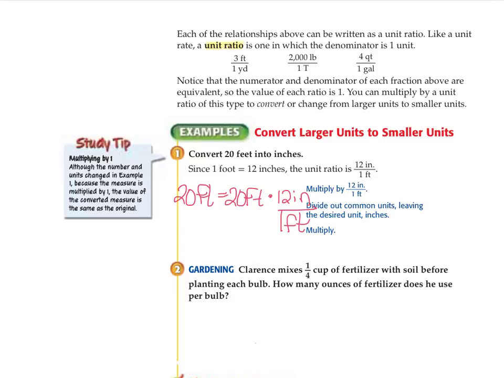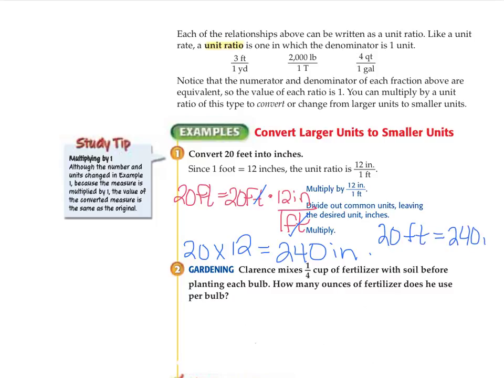We can cross out our common units, which are the feet. Then do 20 times 12, which equals 240 inches. So therefore 20 feet equals 240 inches. That's another way to do this.